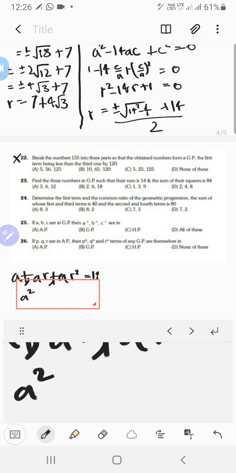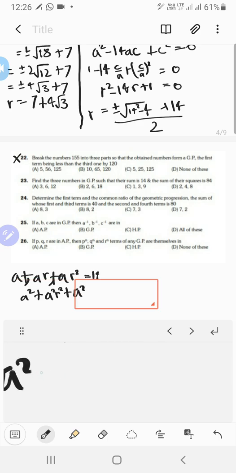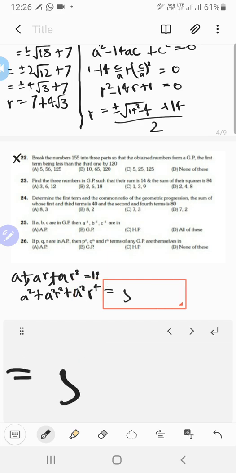So a squared plus a squared r squared plus a squared times r to the fourth, that is going to be 84.